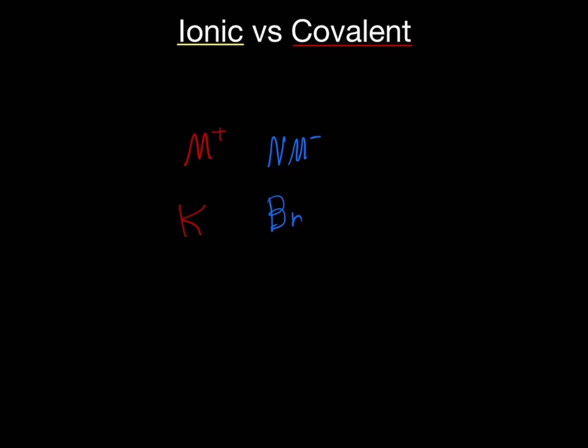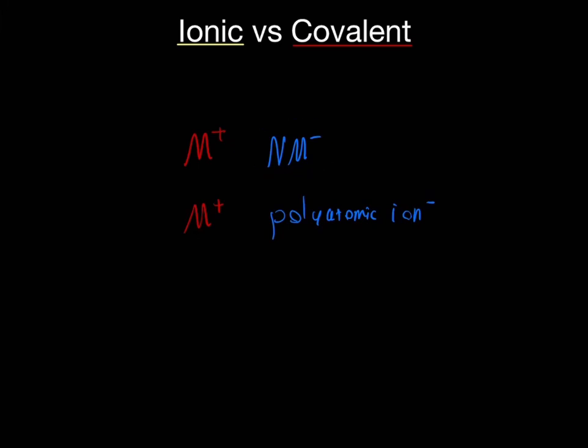However, what if one of these metals or nonmetals were made of more than 1 element? What would happen then? So that's where we get into polyatomic ions. There are situations where you can have a metal that is bonded to a negatively charged polyatomic ion, which is going to replace the negative nonmetal.